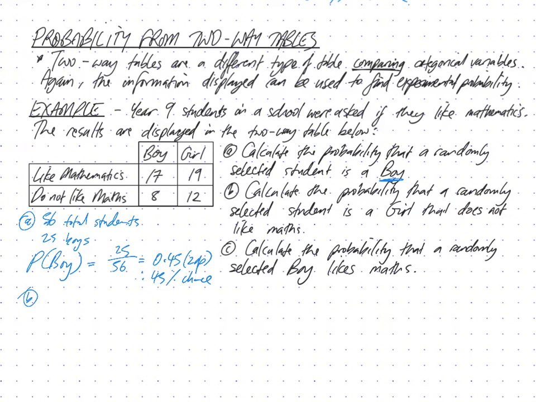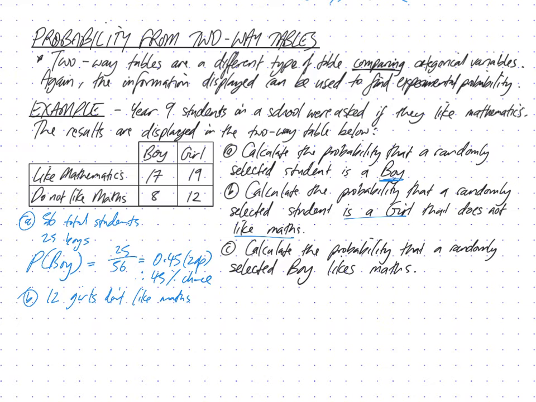B, calculate the probability that a randomly selected student is a girl that does not like maths. So there is more to this one. It's a girl and it doesn't like maths. So we're not just considering whether it's a gender or not, like we did before. We're specifically targeting the girls that don't like maths. So 12 girls don't like maths. And what are we selecting from?